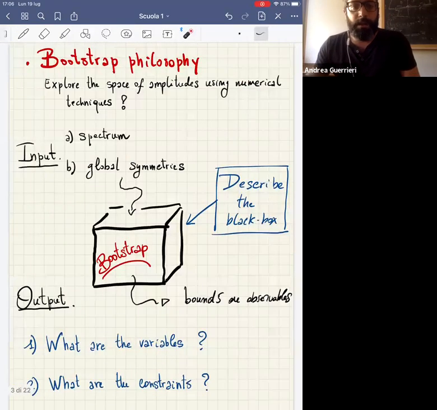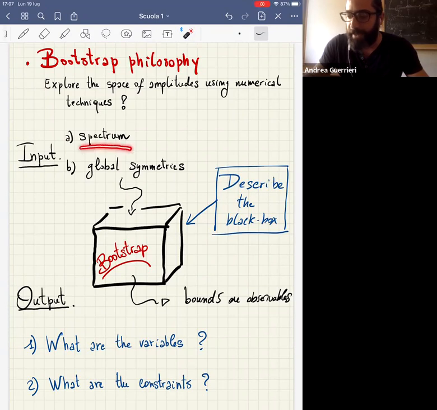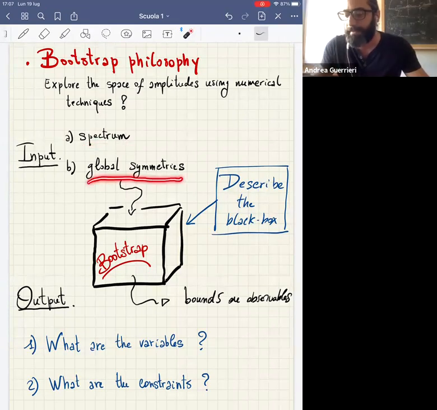Now, since there are no non-perturbative methods, we can rely on the bootstrap philosophy. Instead of computing one specific scattering amplitude in a specific theory, we are going to explore the space of amplitudes using numerical techniques. The general strategy will be the following. We will have some input, given by the spectrum and by the global symmetries of the system we are going to consider.